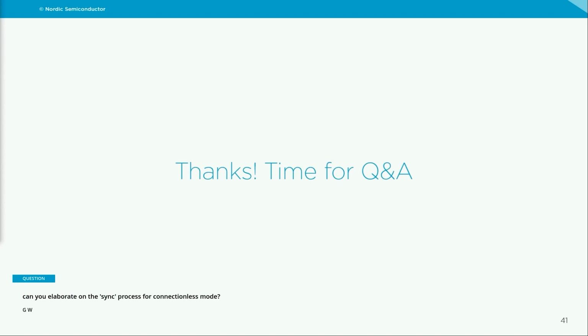And on the sync process for connectionless mode, basically what happens is, if you look at the diagram in the slide, you first need to get one packet in the primary advertising channels that will point you to a packet in the data channels. You need to wait for that one. You need to pick it up, and that one will tell you where in time the periodic advertising train is and which channels they are and the hopping schedule and everything.